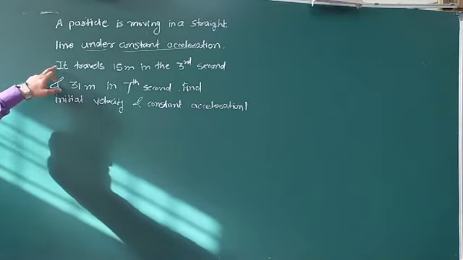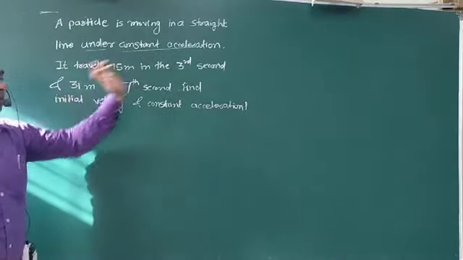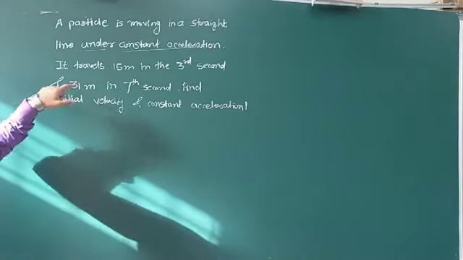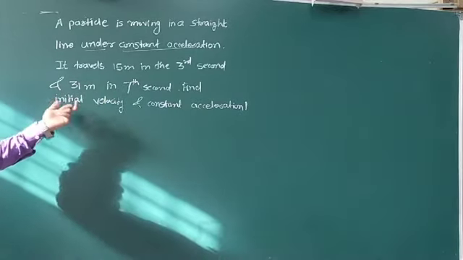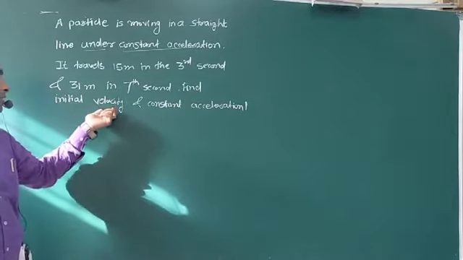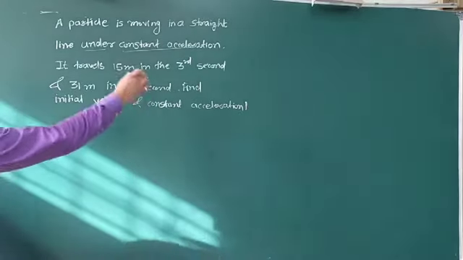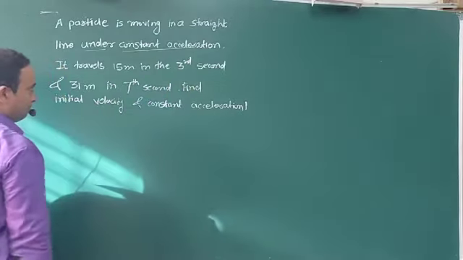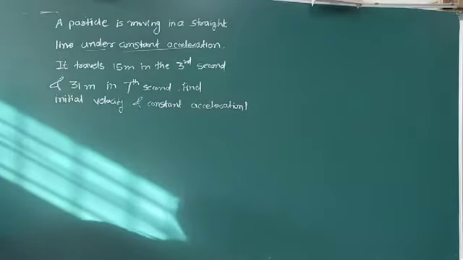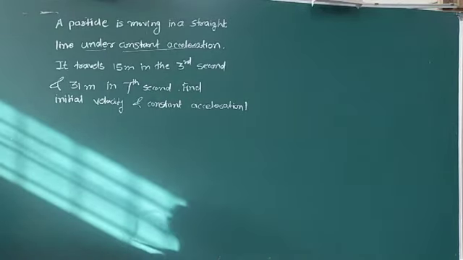It travels 15 meters in the 3rd second and 31 meters in the 7th second. Find the initial velocity and constant acceleration. That means displacement is given in a particular time. So we know the displacement in a particular time.